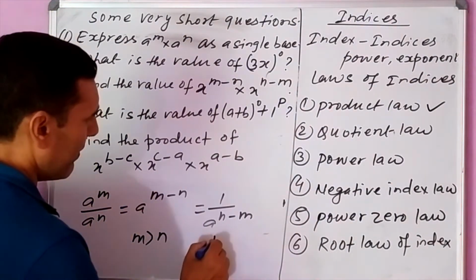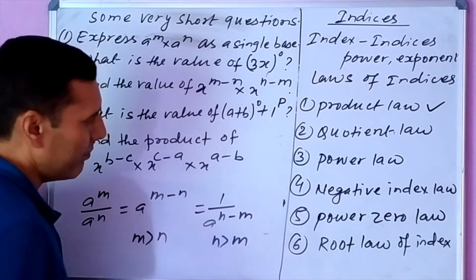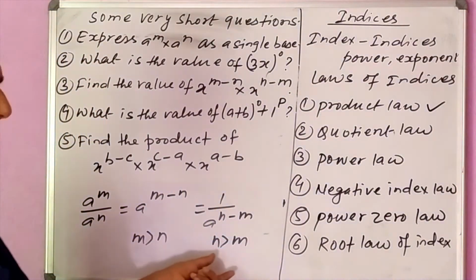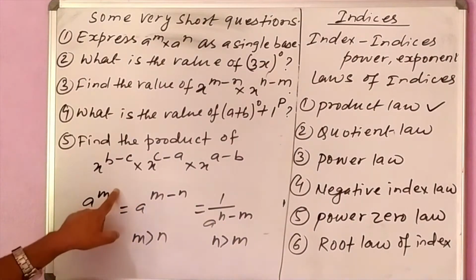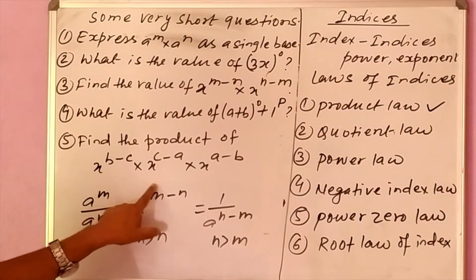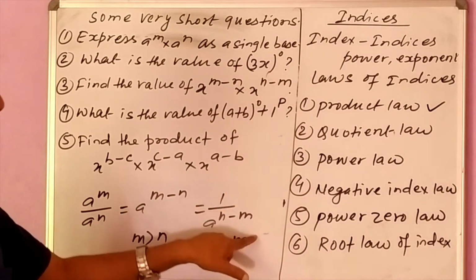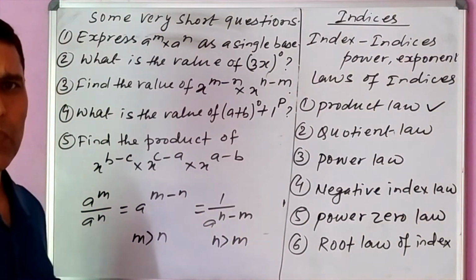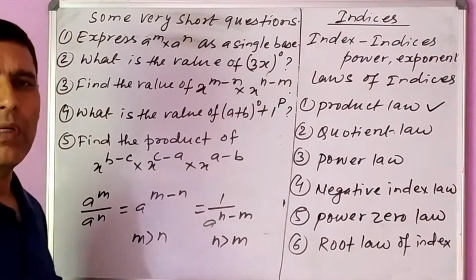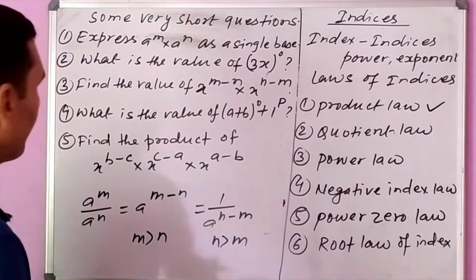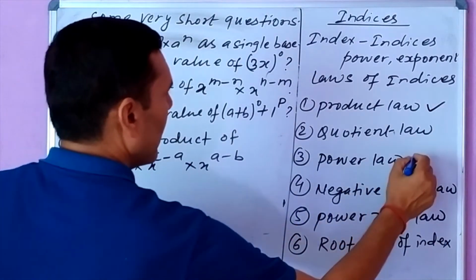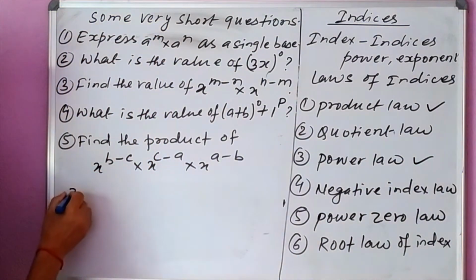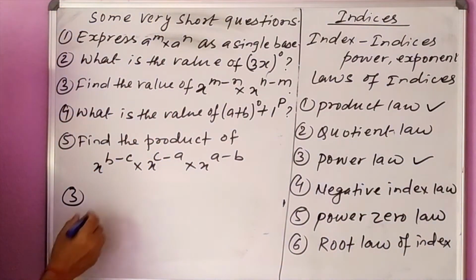Sometimes if n is greater than m, then we can bring this down also. When n is brought to the numerator, it becomes minus n. When this m is brought to the denominator, minus m, which power is transferred, and its sign changes there. This is the quotient law.